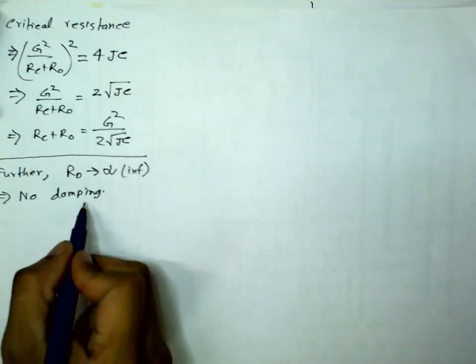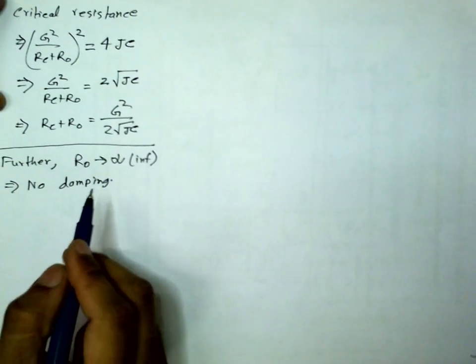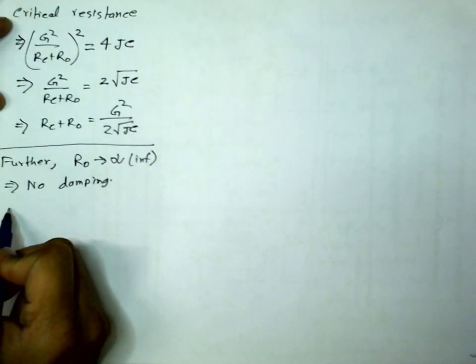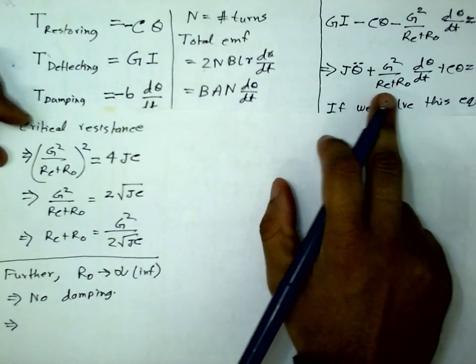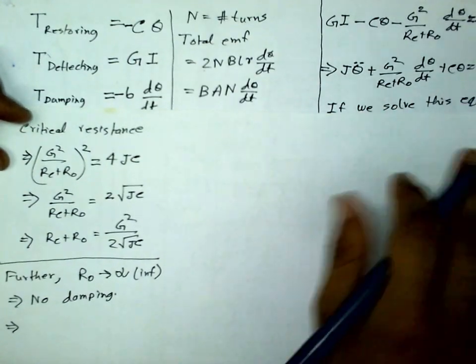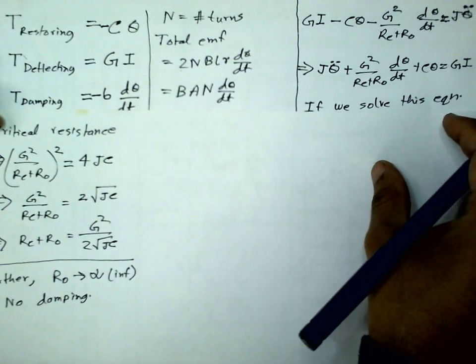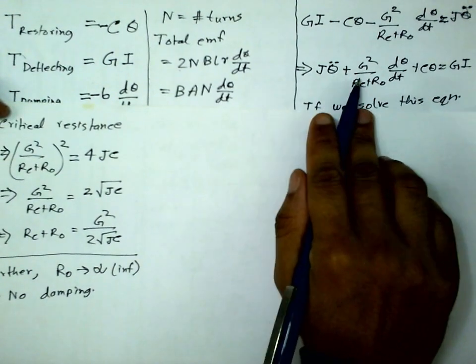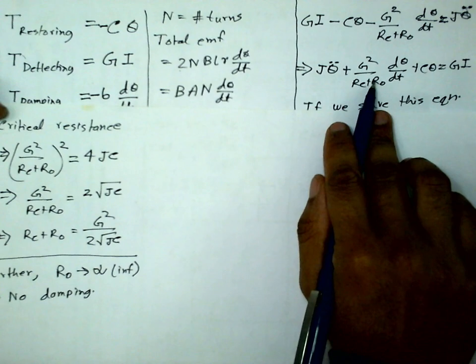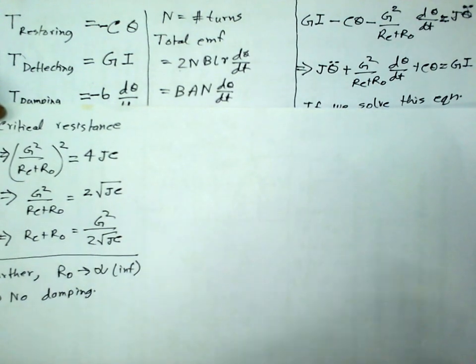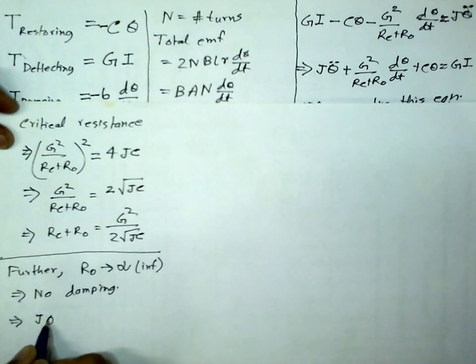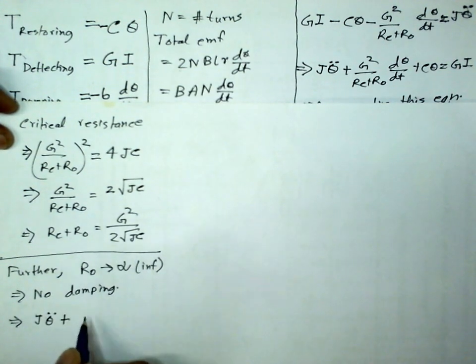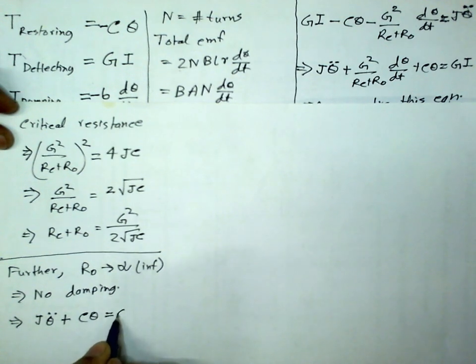Okay, and in that situation the dynamics will become like this. This term will be 0, other terms will be there. So that will become like this: J theta double dot plus 0 plus C theta is equal to G i.